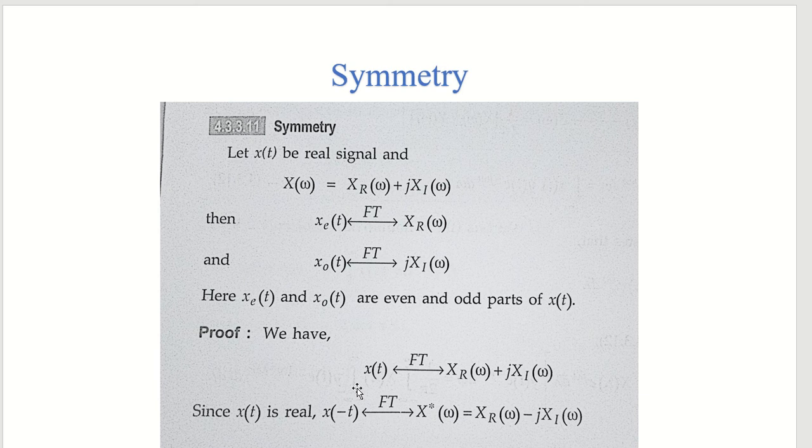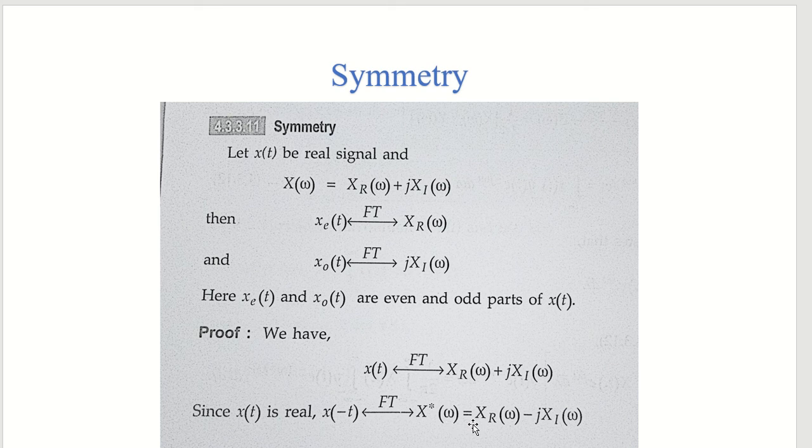Now how does it happen? Let's try to take the Fourier transform of my signal x of t. Because x of t is a real signal, let's take x of minus t. When we take the Fourier transform of x of minus t, we will get x star of omega, and x star of omega will be xr of omega minus j into xi of omega.